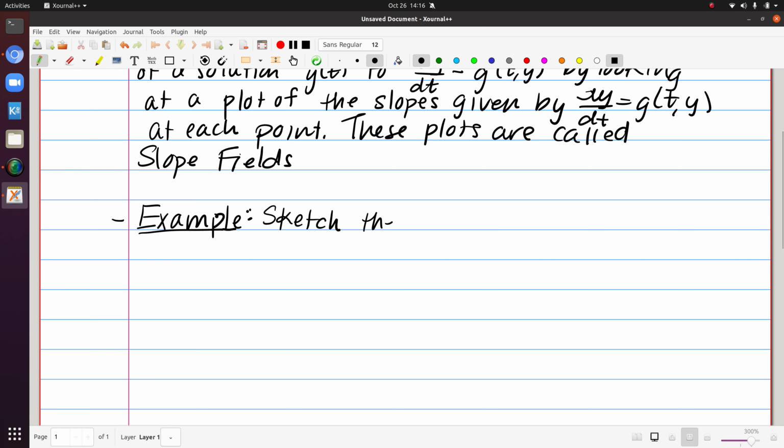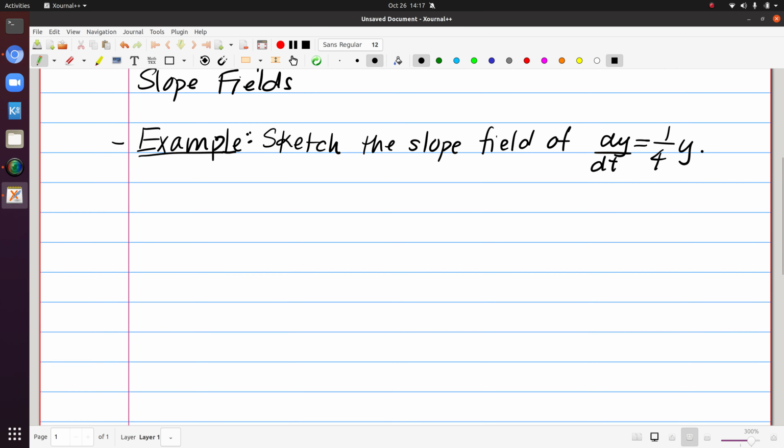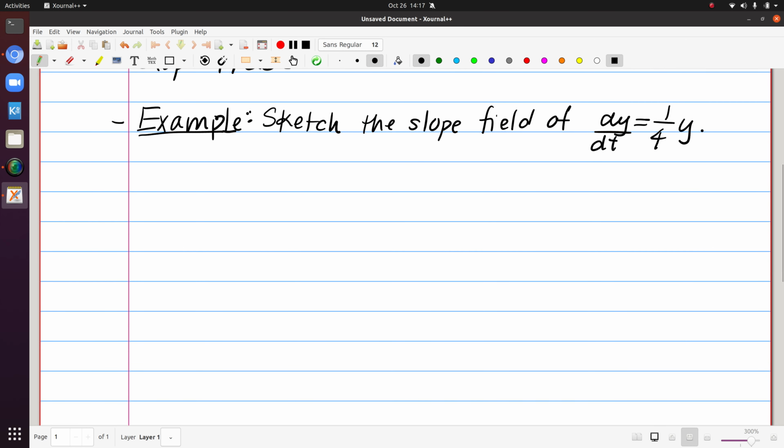So suppose I'm asked to sketch the slope field of the differential equation dy dt equals 1/4 y. Again, this is one that we could solve exactly, but let's disregard that entirely and just think about the notion of the slope field.